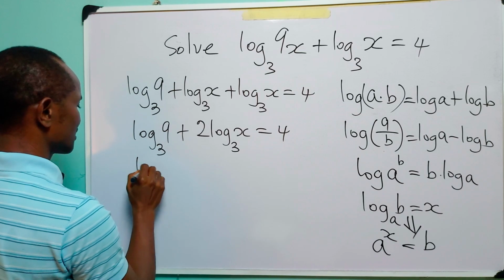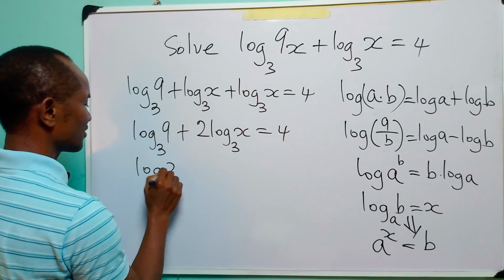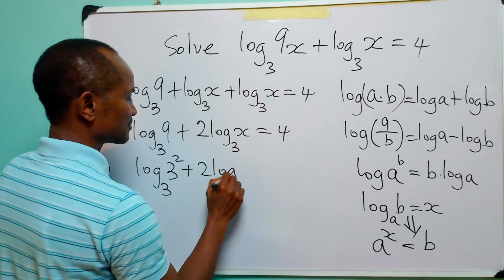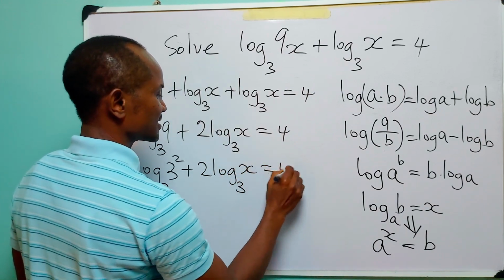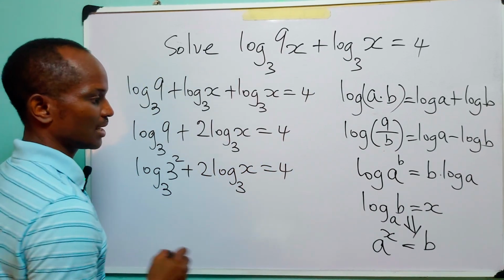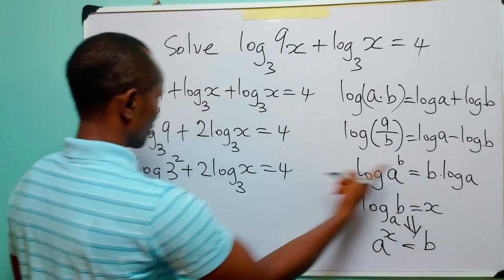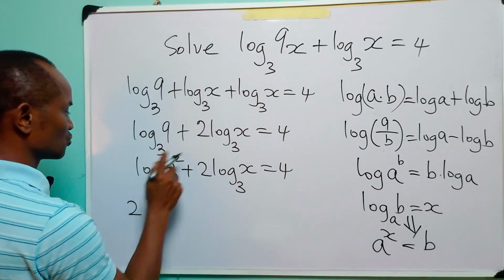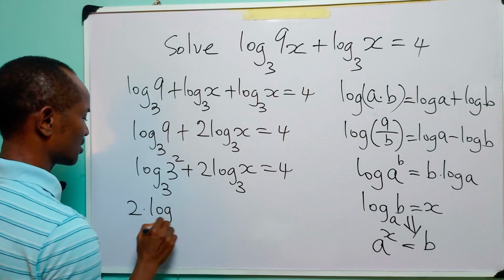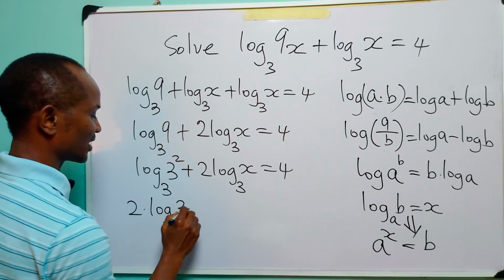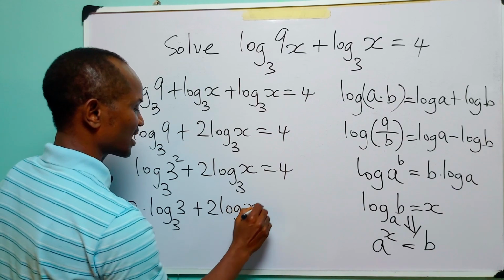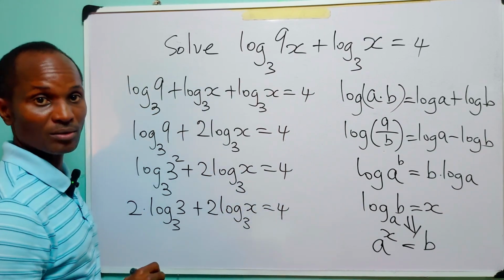So this is log to base 3 of 3 squared plus 2 times log to base 3 of x is equal to 4. Now from the third law, we can write this as 2 times log to base 3 of 3 plus 2 times log to base 3 of x is equal to 4.